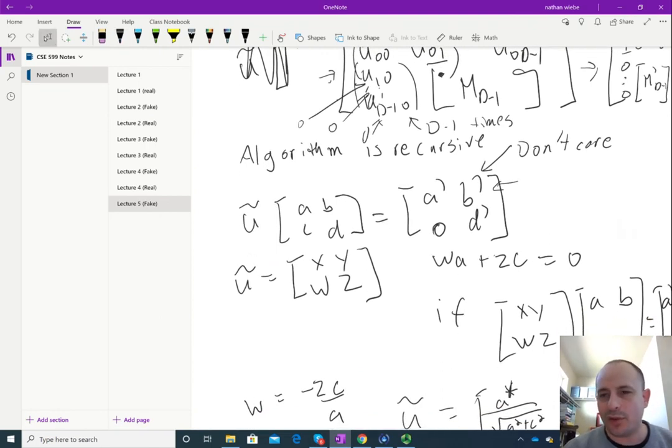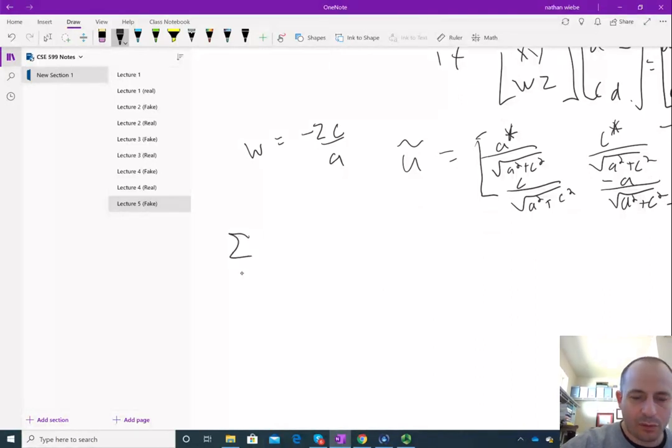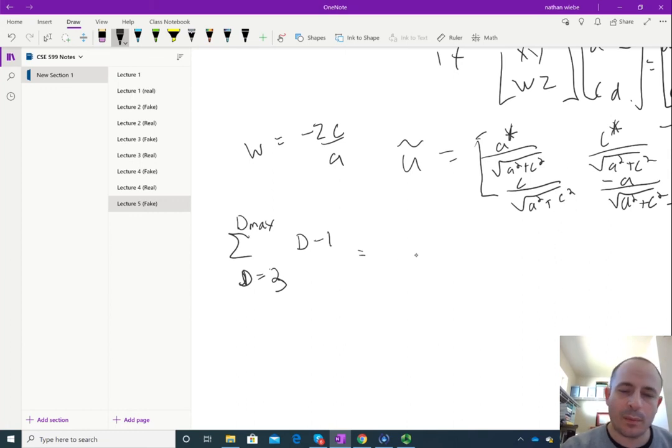So we'll need to do this sum from D equals 2, or actually let's say 3, going down to D max of D minus 1. And this is in order D squared.